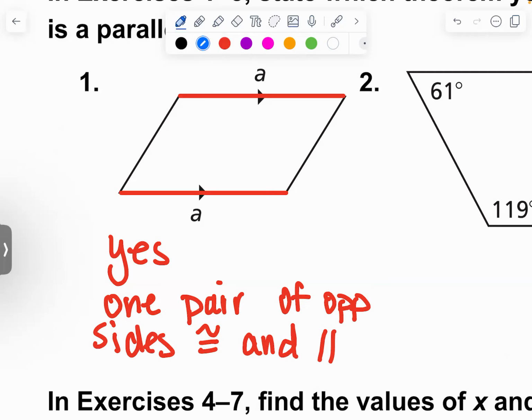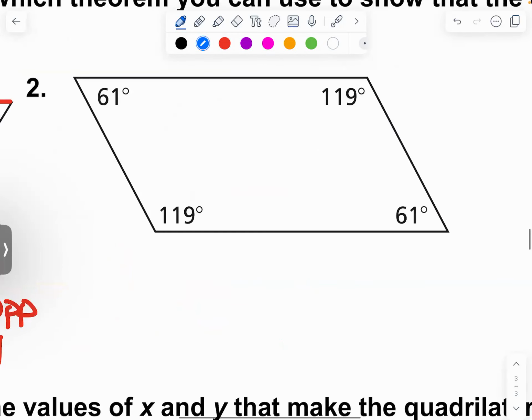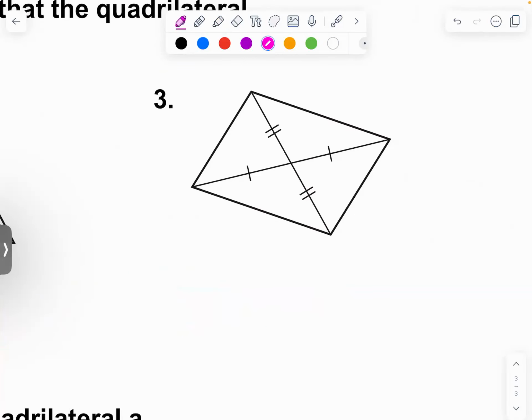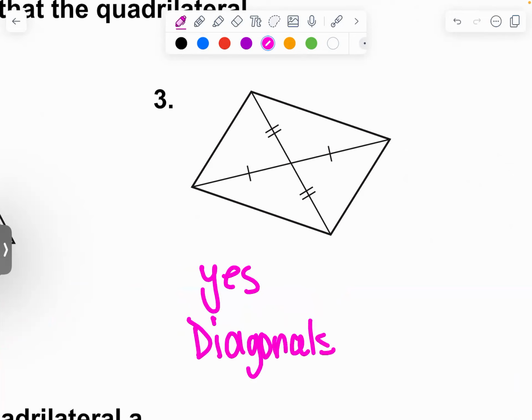Is number 2 a parallelogram? Yes. How do we know? Opposite angles are congruent. Is number 3 a parallelogram? Yes. Why? The diagonals bisect each other.